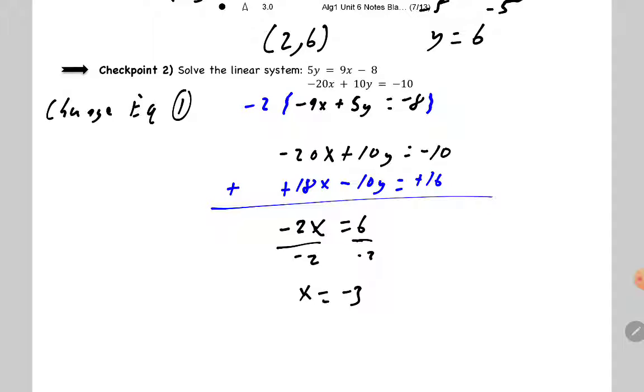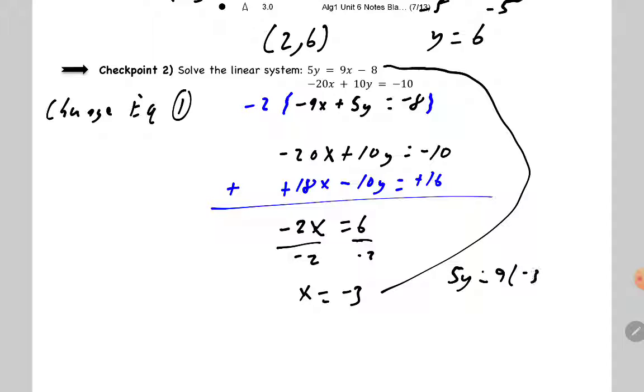Okay, let's plug it into one of the equations up there. Let's do the first one. So 5y equals 9 times negative 3 minus 8. 9 times negative 3 is negative 27, minus 8 is negative 35.